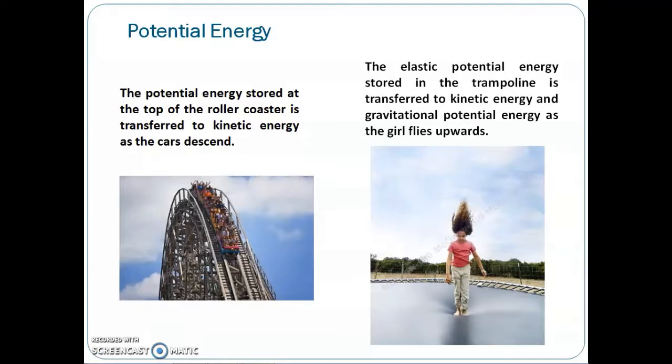When the roller coaster is at the top of the peak, the potential energy is stored and it will be transferred to kinetic energy as the cars descend. In another example, the elastic potential energy stored in the trampoline will be transferred to kinetic energy and gravitational potential energy as the girl flies upwards.